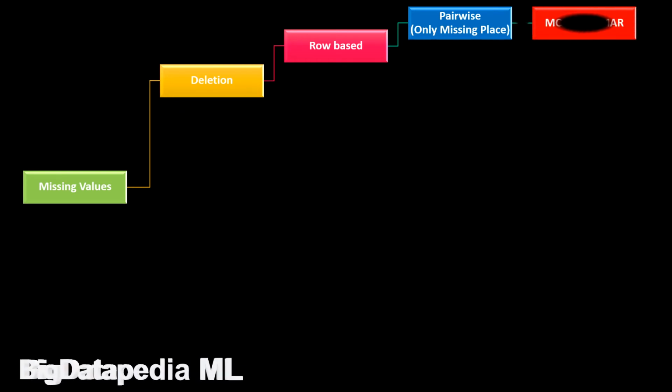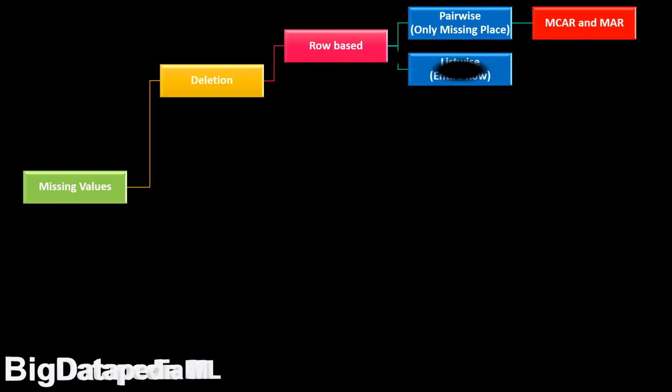We can validate that with the MCAR and MAR methods, which means missing completely at random and missing at random. If these criteria are met properly, we can do pairwise deletion. Another one is list-wise deletion, which means deleting the entire row of data. We can commonly do this using the dropna function to delete the entire row.